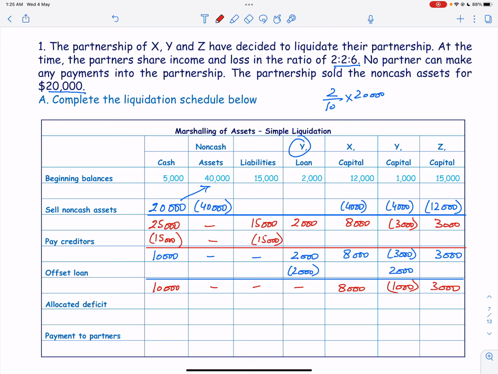The residual profit sharing ratio now is 2:6, that is 2 upon 8 into 1000, that gives you 250.